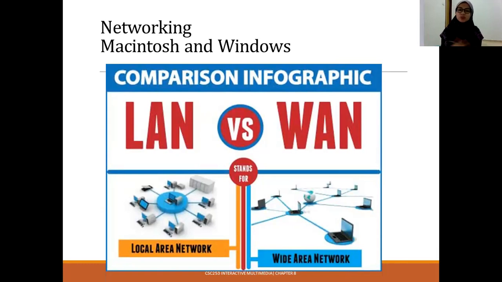Basically both platforms can be networked. We can share our resources among the cross-platform, using either local area network or WAN. If you are in a bigger distance or huge distance, we use WAN.